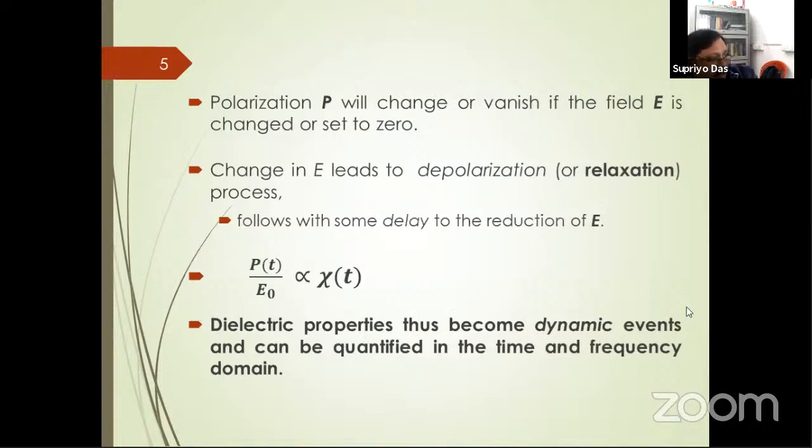Since I said that once we change the electric field, the relaxation takes some delay, and if there is any change in the polarization, the susceptibility also has a time variation. So the dielectric properties become a dynamic event and can be quantified in both time and frequency domain.